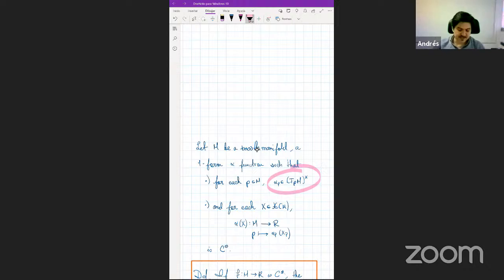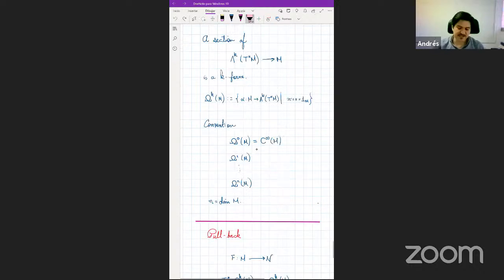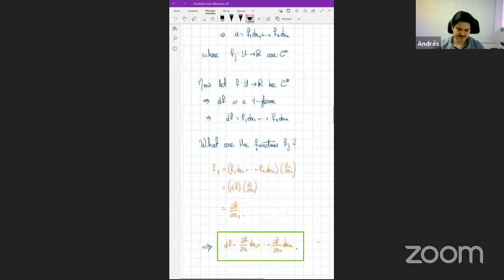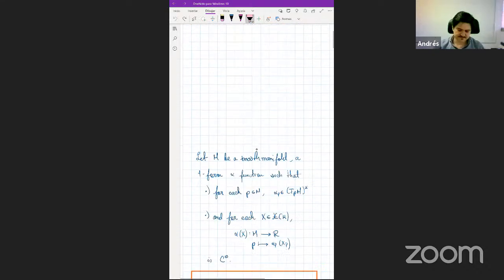And the second thing is a smoothness condition. The assignment of a vector for each point is required to be smooth. And one way of ensuring that is if I take any vector field on the manifold and contract, I get a function from the manifold to the reals.